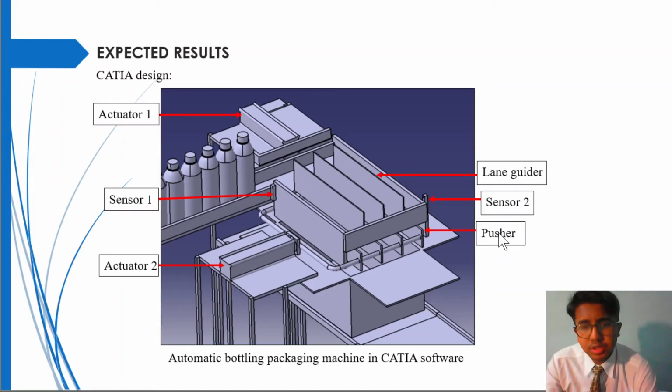Lastly, the pusher, which will be actuated by actuator 2 and make the bottle fall down into the box.